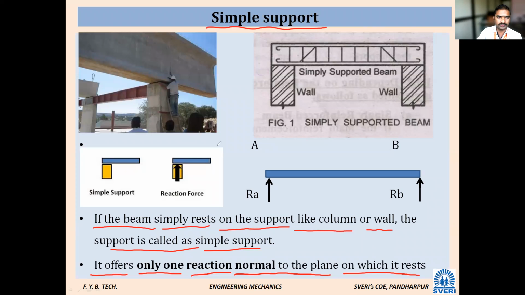So all of you have to draw the diagram. You just draw this. This is a beam, and for this beam there are reaction forces. This is one reaction and this is another reaction.